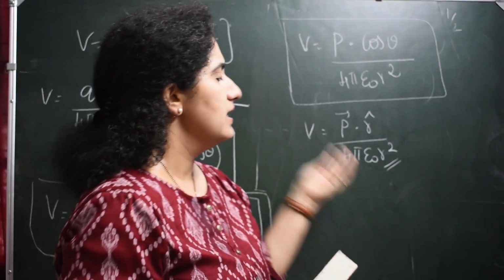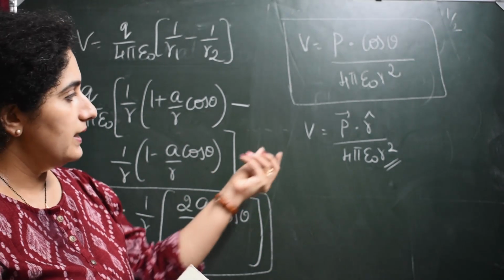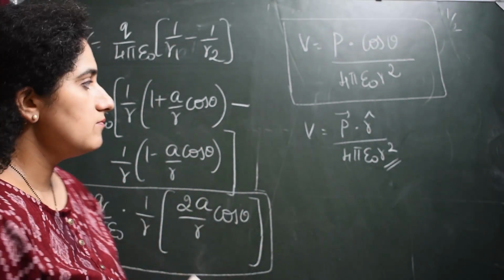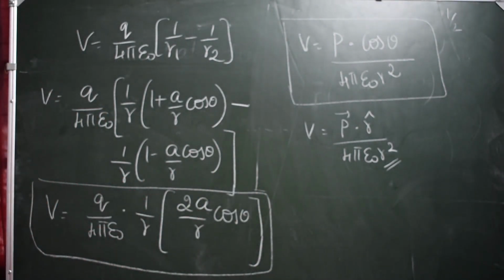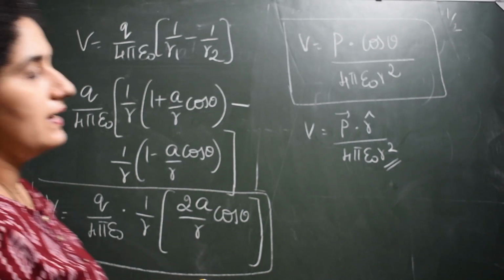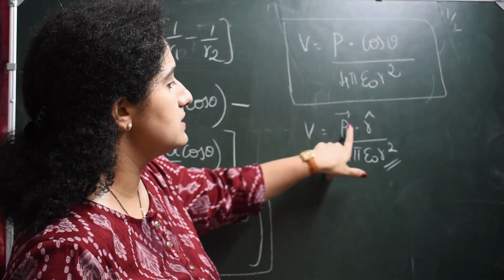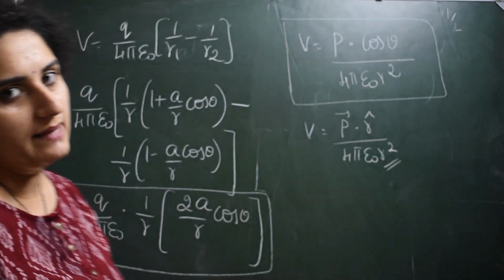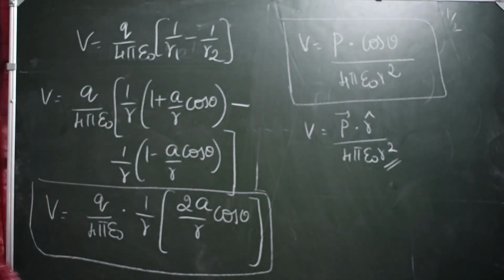So this is the equation for the electric potential. Vector P dot r cap divided by 4 pi epsilon naught into r square. So for theta as 0 or 180 degree, you can write it as plus or minus P divided by 4 pi epsilon naught into r square.